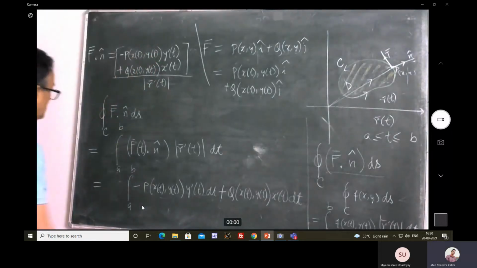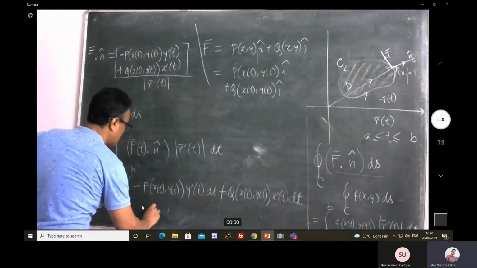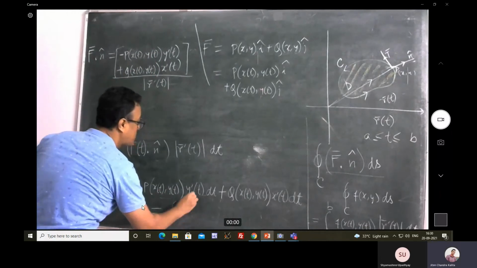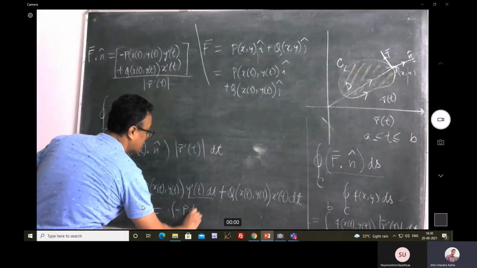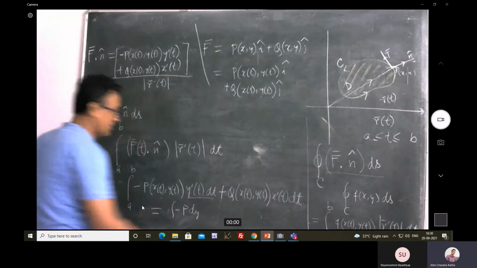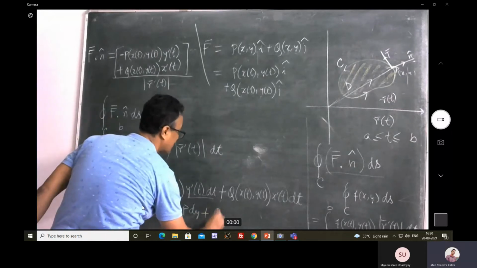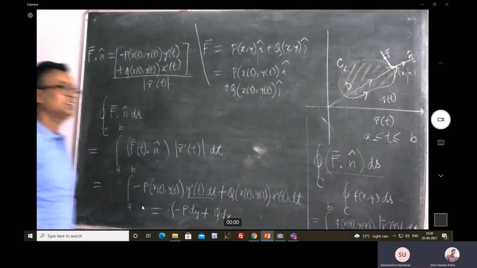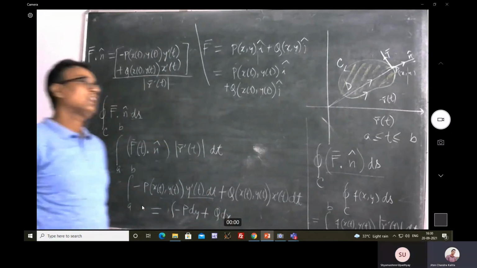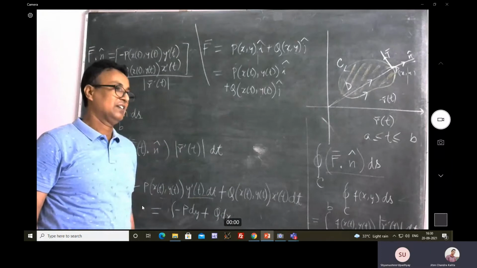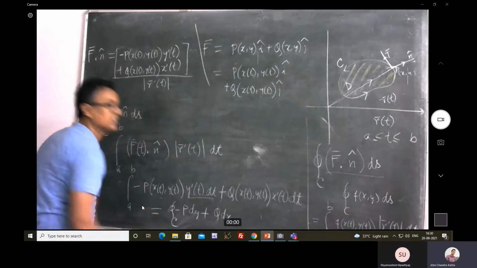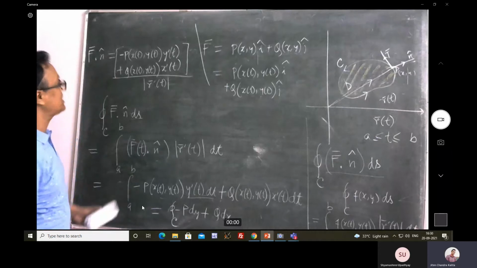And if you recall, what is this? This is simply minus p dy plus q dx, isn't it? The line integral with respect to x and y, along the curve C.